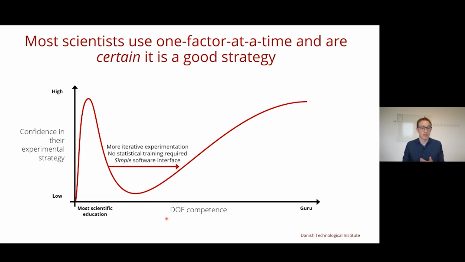And it would be nice if something existed that allowed you to keep doing a relatively iterative experimentation, which habit-wise is not very different from running factors one at a time, and something that didn't need you to understand all the complicated math that we can use to choose experiments, and wrapped in a simple user interface that anyone can use. That's what we hope to give you with the software Brownie Bee.